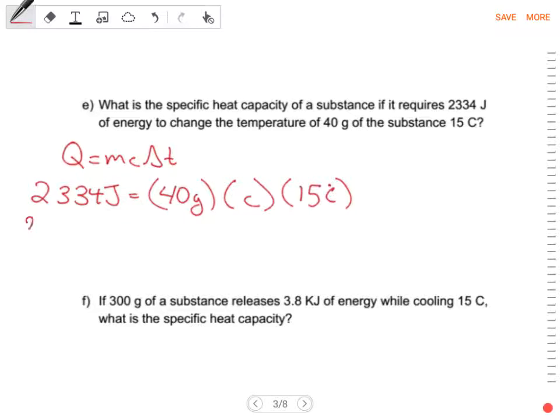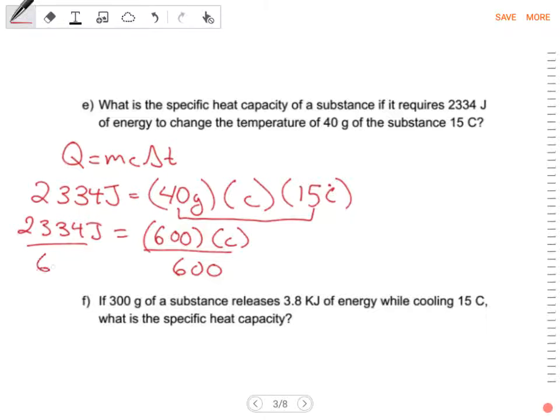So what I would do is multiply these two numbers. Remember, multiplication, the order doesn't matter, so we're going to multiply 40 times 15, and that's going to give me 600 right on the nose. I need to get C by itself, so divide by 600, divide by 600. I'll put the answer over here.